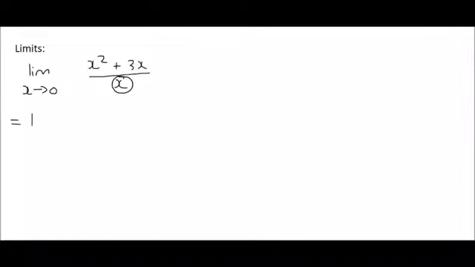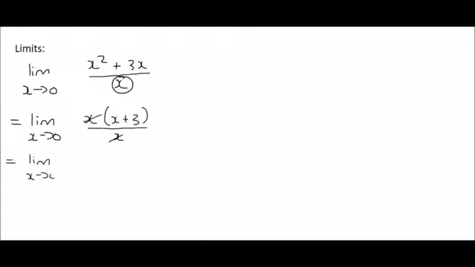We say equals lim x goes to 0, then you take out x as a common factor at the top, and you're left with x plus 3. The x's then cancel, so we can say equals lim x goes to 0 of x plus 3, and now we can plug the value in. That gives us 0 plus 3, which is just 3, so the answer for that one is 3.